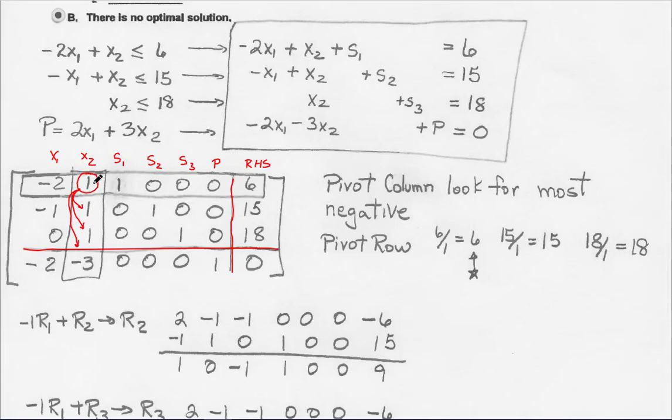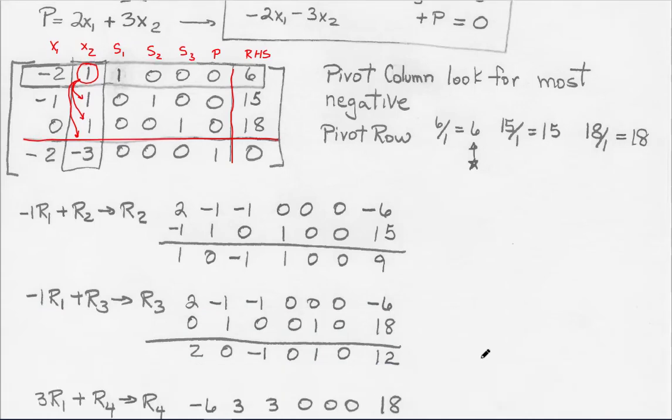So -1 times this plus the 1 would make a 0. -1, add that 1, makes a 0 in row 3. I get rid of the -3 by multiplying row 1 by 3 and adding it to row 4.